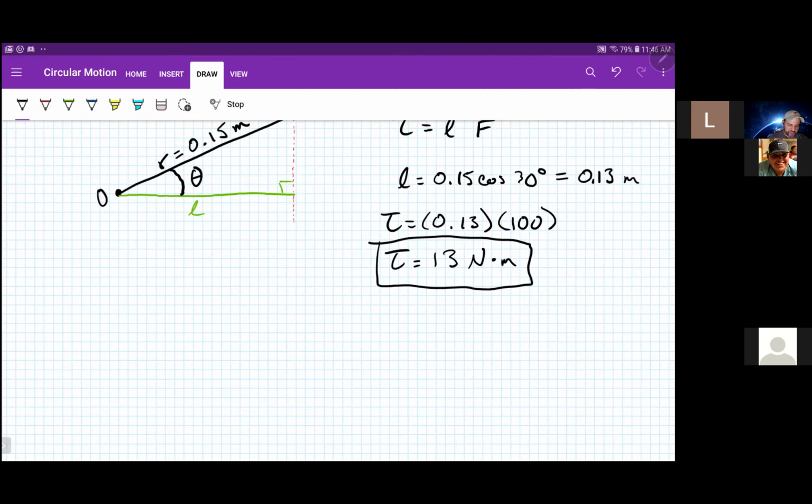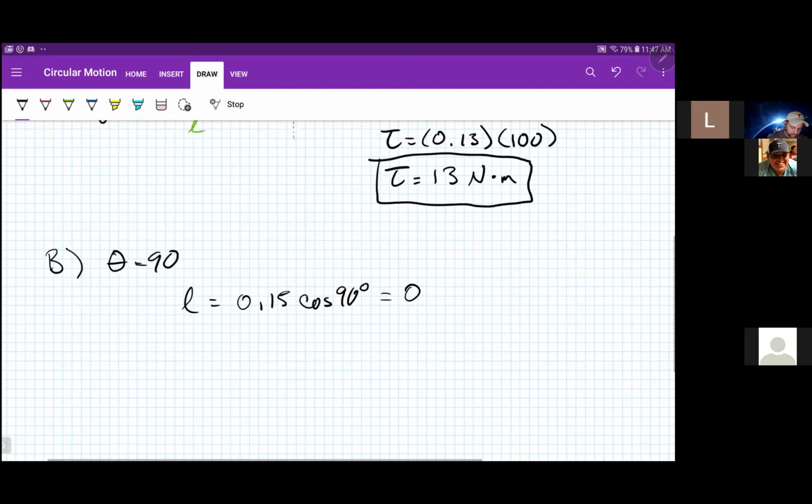What happens whenever theta is 90 degrees? We should already know what's going to happen, but L is equal to 0.15 times cosine of 90 degrees. So tau is equal to 0. There's not going to be any torque, right?